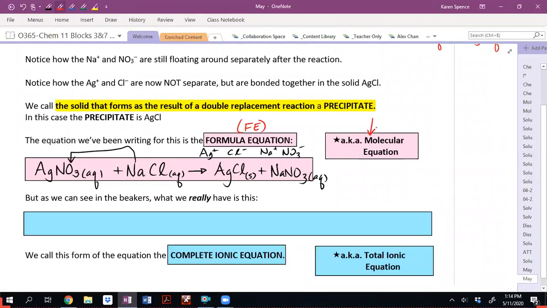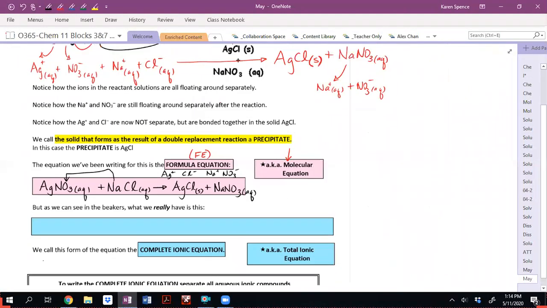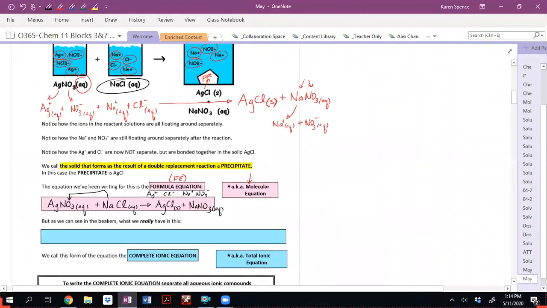However, if we look in our beakers, we can see that I don't have AgNO3 stuck together. What I have is little Ags floating separately from little NO3s. So I have Ag plus, aqueous, floating separately from NO3 minus, aqueous.